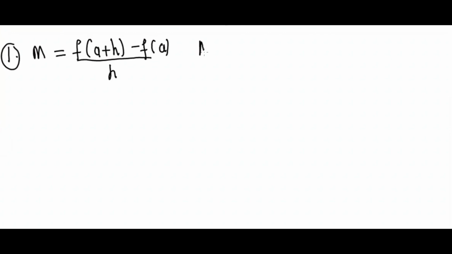So the average gradient is equal to f of a plus h minus f of a, divided by h. This one is your average gradient. And I do believe that you're also copying the notes.